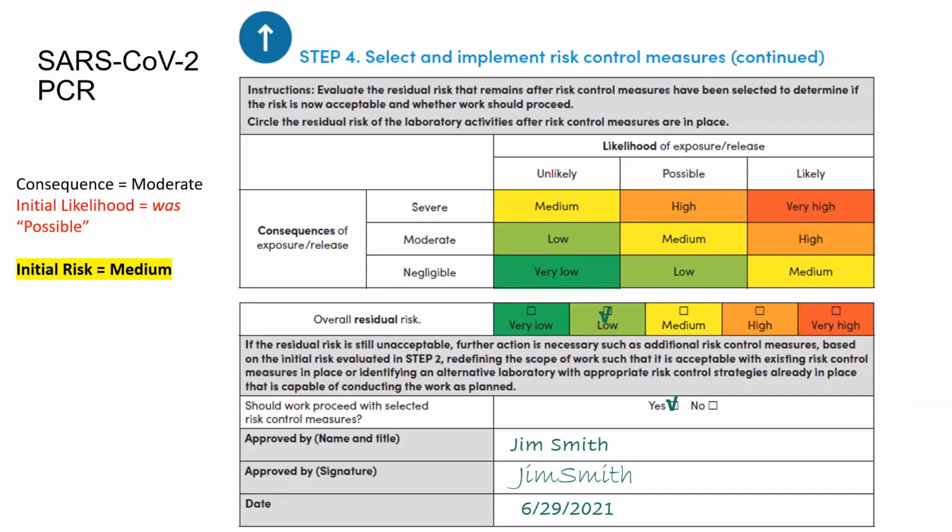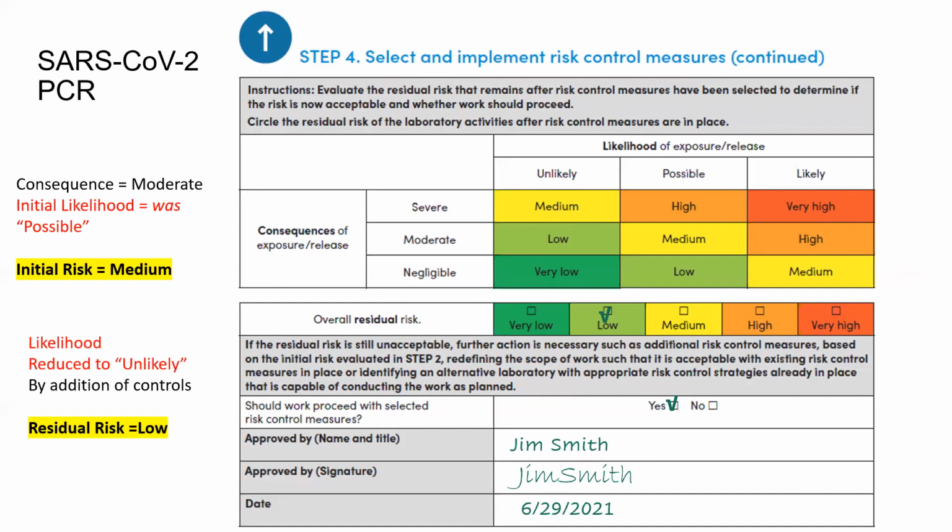So finally, this is the overview of what they've done. Their initial likelihood was possible, and their consequence was moderate, which resulted in an initial risk of medium. When we first evaluated, they added in the money that's coming, the expectation of this money, and purchasing of more PPE and the repair of BSC.